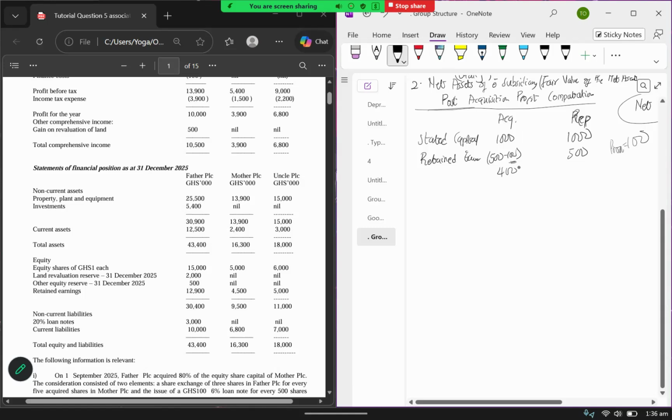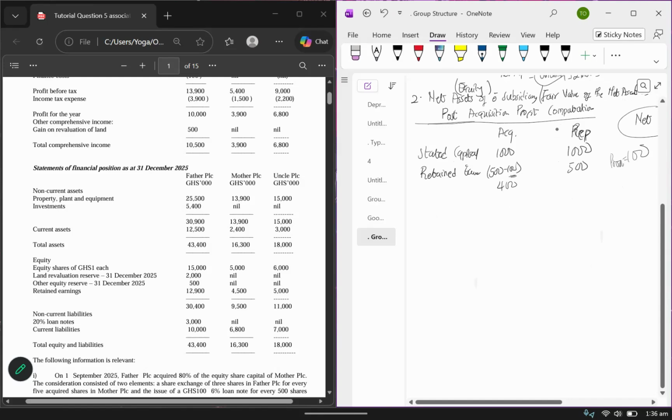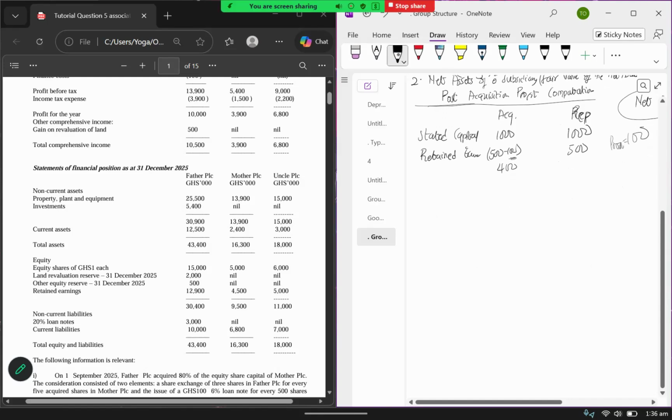But depending on the post acquisition period, assuming we are using a 6 months post acquisition period here, it will not be right for us to use the 100, because this 100 is for the whole year. In that case, we need to apportion, and the question normally gives us a clue on that, as in whether the profit was obtained evenly throughout the year.